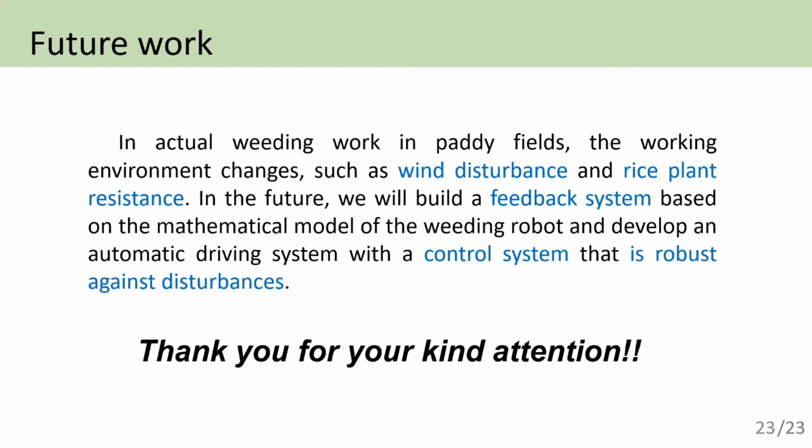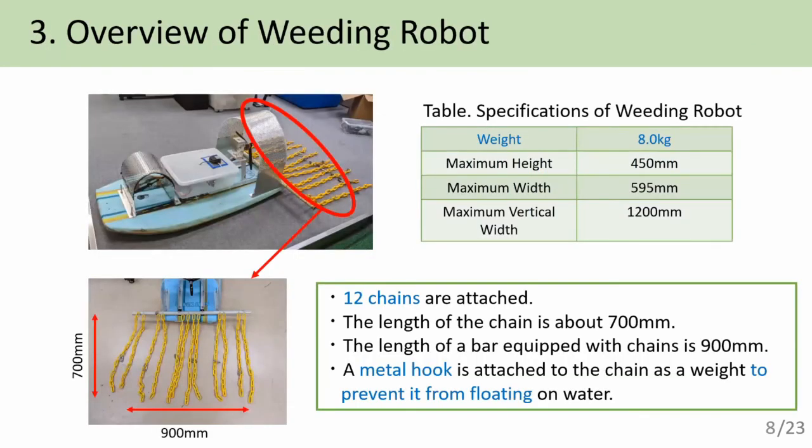Oh, okay. And I have one more question. The robot has a chain, which is made of plastic, and is it enough for the weeding mechanism? Or do you have another, better solution or mechanism? Okay.